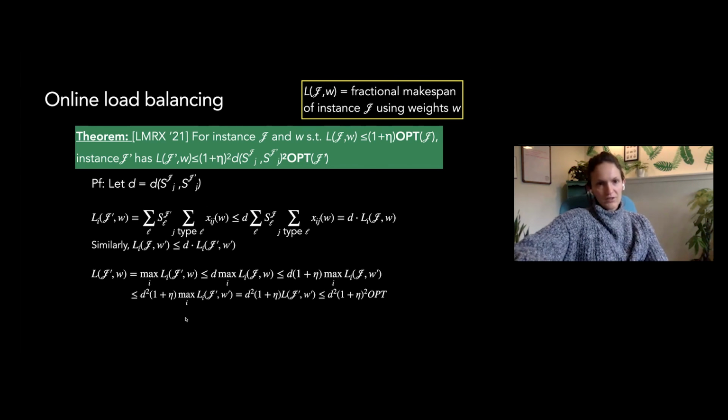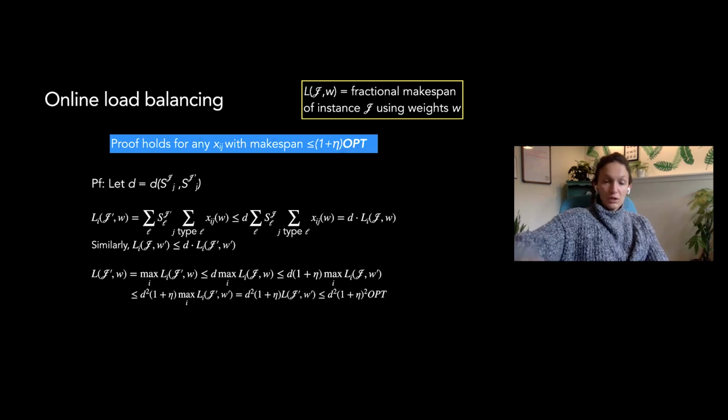And all I had wanted to get out of showing you this proof is that something very weird about it is the fact that this will actually hold for any fractional assignment with makespan at most 1 plus eta opt. So what that means is that the weights aren't actually coming into the picture at all here.